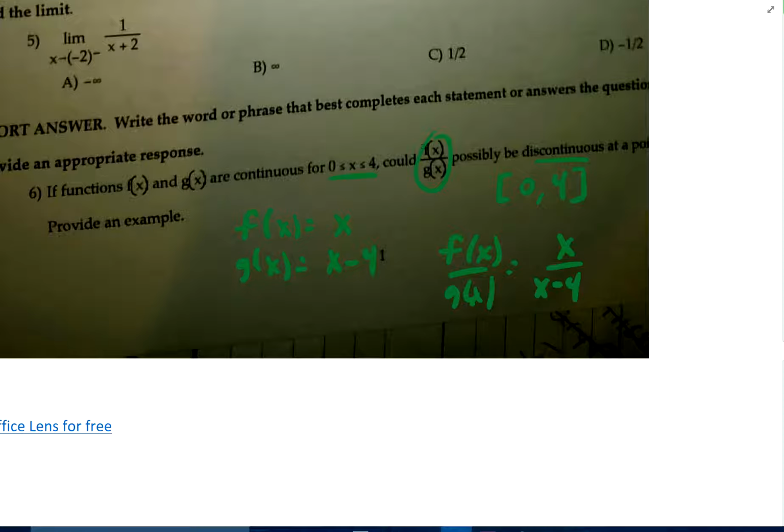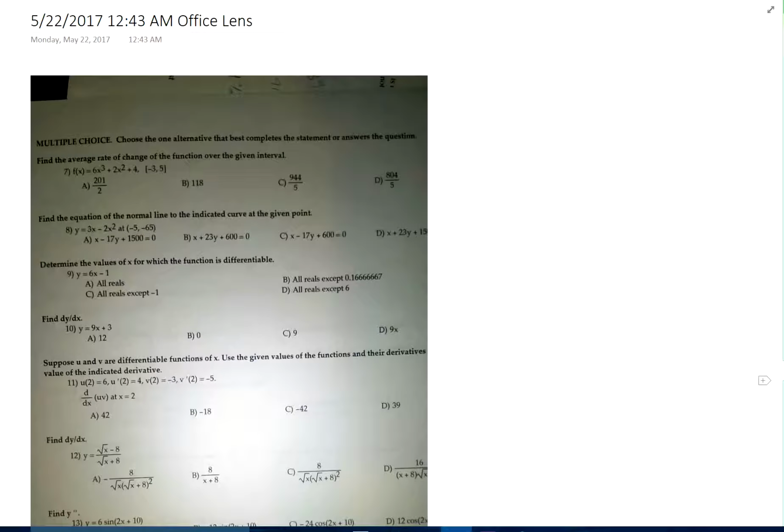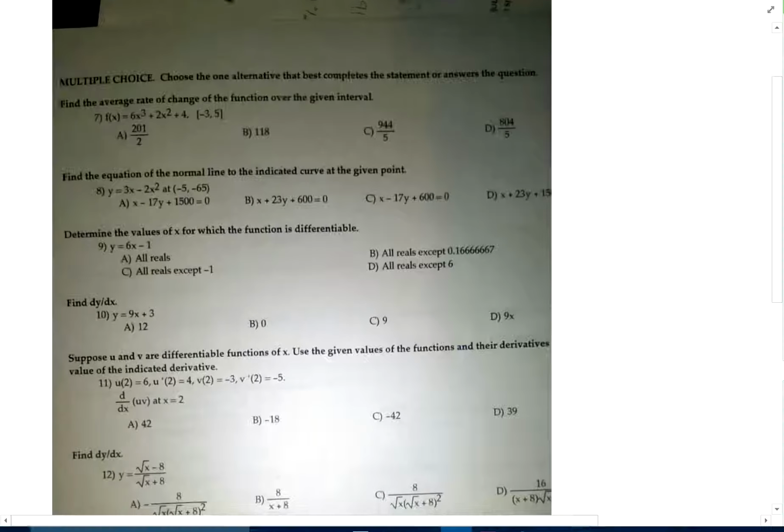Okay, I was going to go to number 7 here. The average rate of change, that's f of b minus f of a over b minus a. Compare that to the average value of a function.